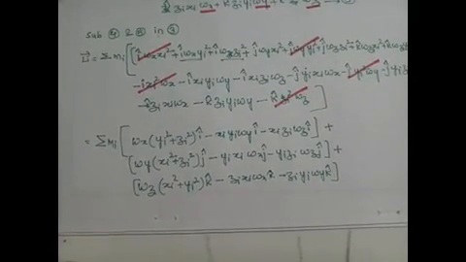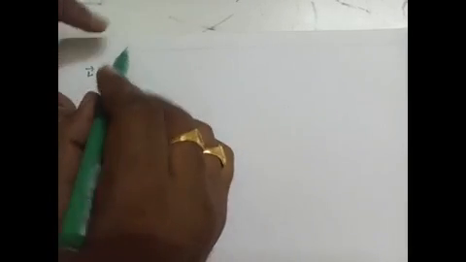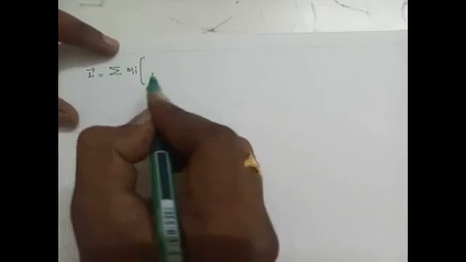Okay, so from this equation again we'll get, let us rearrange the equation. So if you rearrange the equation, what we get here? L bar equal to summation mi, I am writing i cap outside.